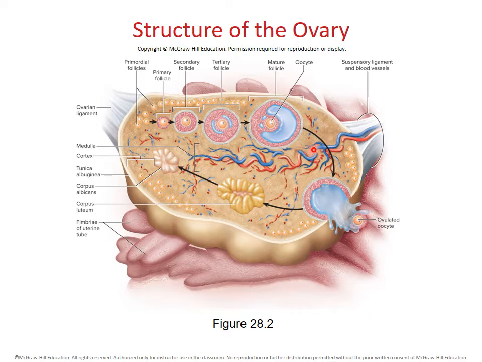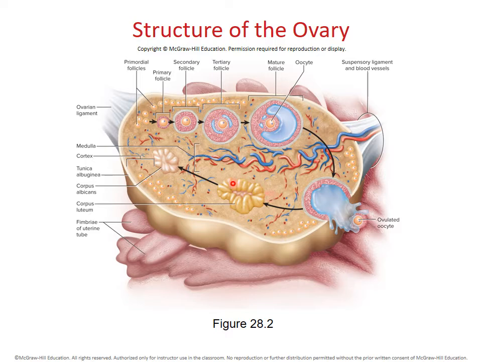When ovulation occurs, the mature follicle will literally rupture to release the oocyte and some of its surrounding tissues. And the fluid, of course, of the antrum is released as well. After ovulation, the Graafian or vesicular follicle that ovulated becomes a structure known as the corpus luteum.